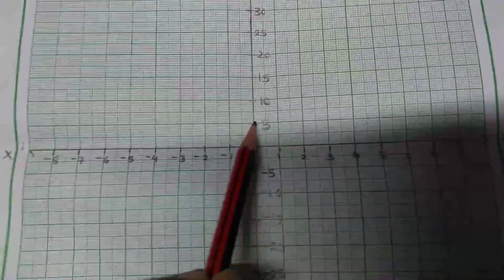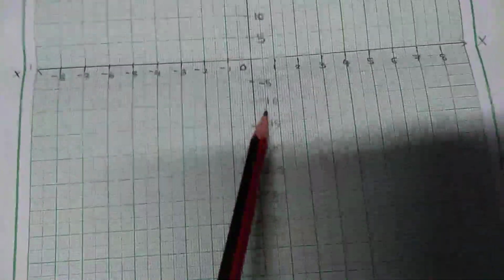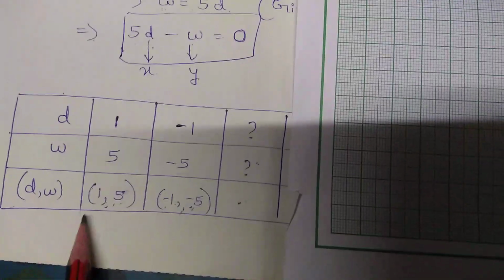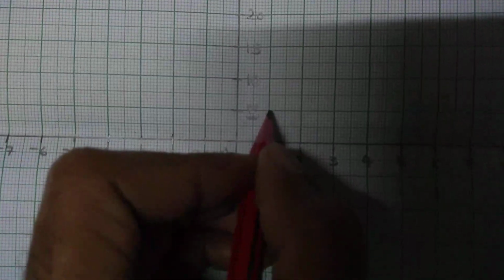That is, I have plotted 1, 5, 10, 15, 20 and so on, and also on the negative side -5, -10, -15 and so on. Okay, now we will plot the points, that is 1, 5. So 1, 5 appears to be here. This point is now known as 1, 5, and after that we have -1, -5.